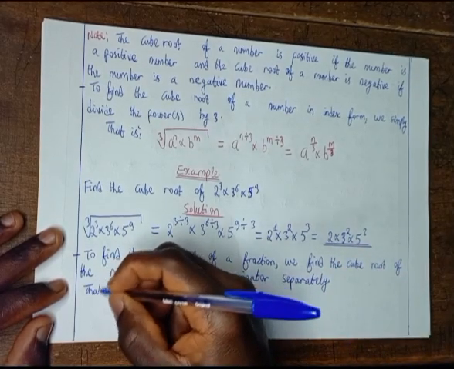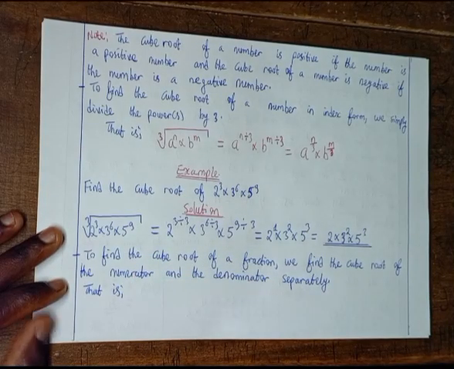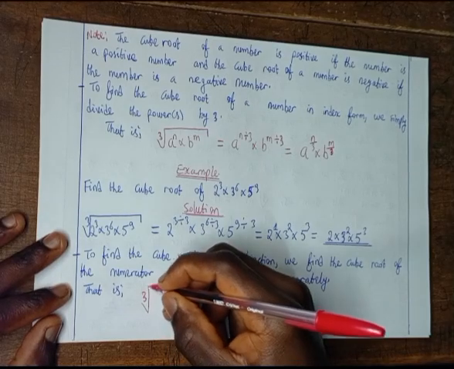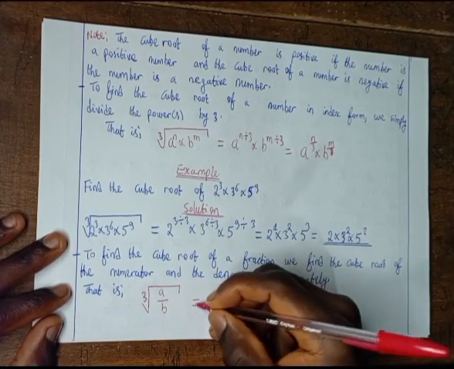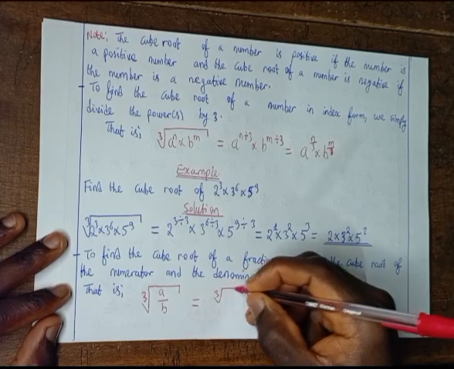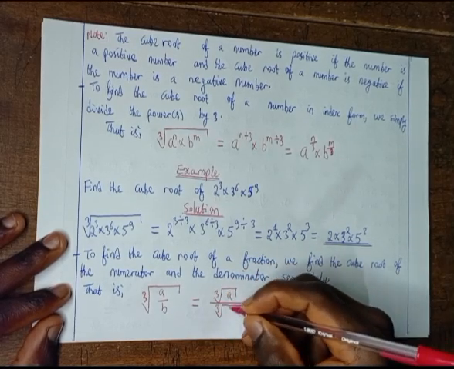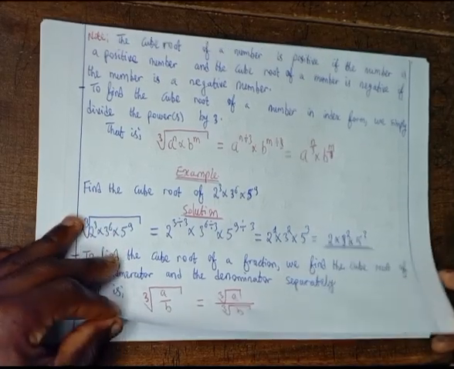That is, we have to find the cube root of a vulgar fraction a over b. This will simply be equal to the cube root of a all over the cube root of b. That's what it means. Now let's take an example on this.